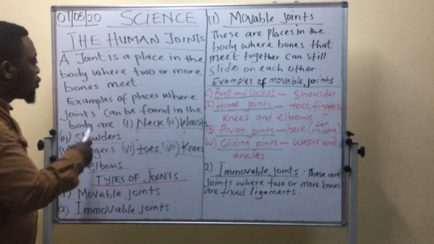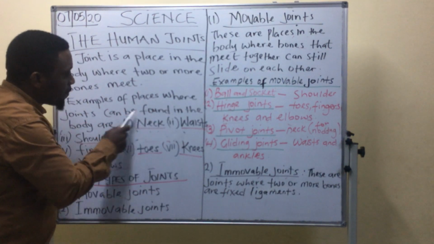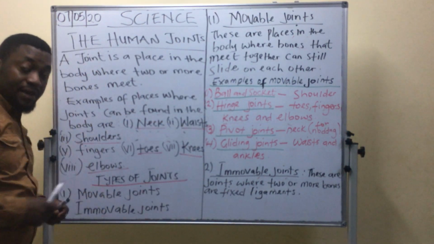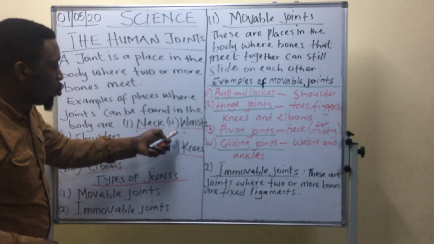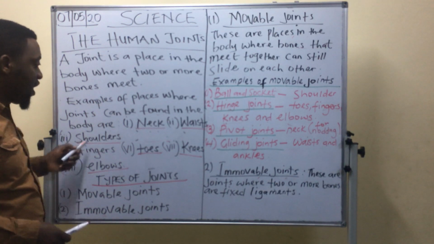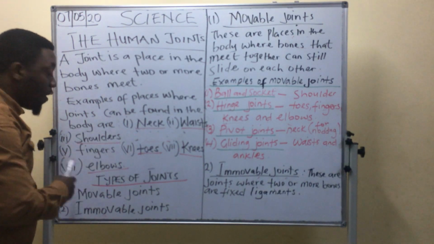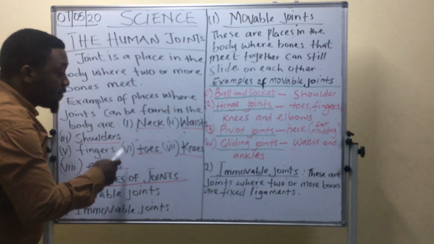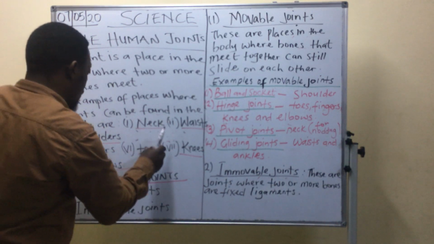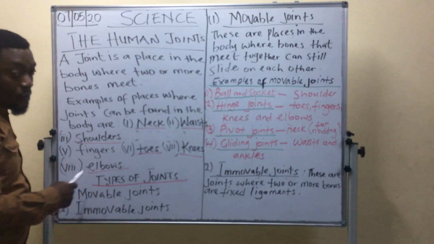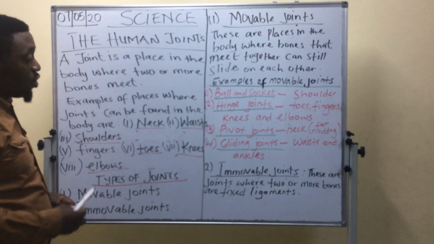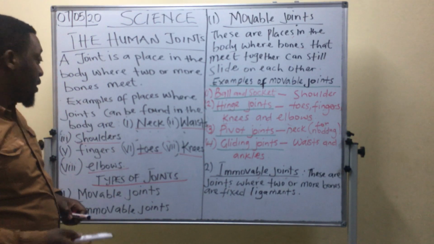Then I said examples of places where joints can be found in the body are, number 1 is neck. Number 2, waist. Number 3, shoulders. Number 4, fingers. Number 5, toes. Then another one, nails. The last one, elbows. These are places where you can see joints in the body.